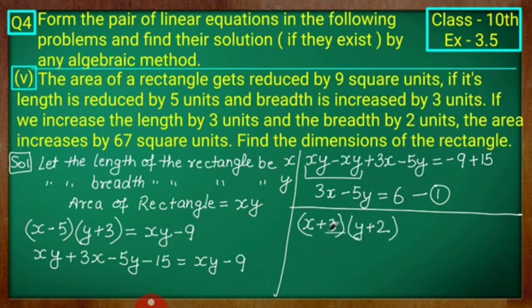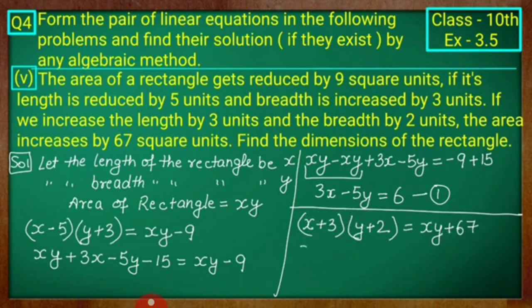Length into breadth is the area, and it is equal to the area increasing by 67 square units. So the area xy plus 67. This is by the second condition.